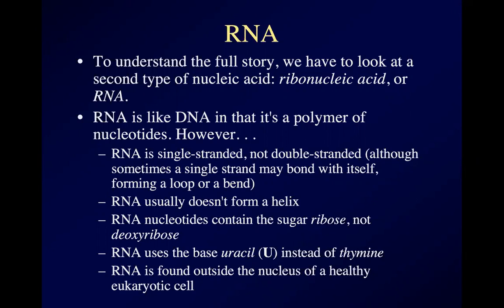If a eukaryotic cell starts leaking DNA out of its nucleus, that eukaryotic cell is dying, if not dead. In a healthy eukaryotic cell, DNA stays right where it is in the nucleus. It's RNA that actually goes out to the places where the proteins get made.